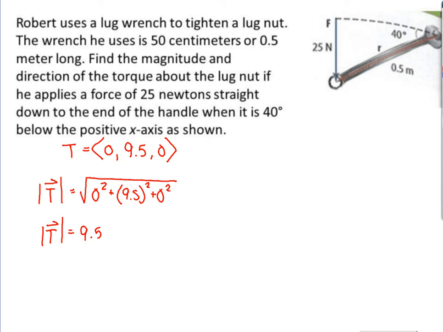So we're talking about the torque, which direction is it going to push it? Because we only have a y value, it will be parallel to that y-axis and it will be positive. So that will be our magnitude. It will be positive and in parallel to the y-axis.